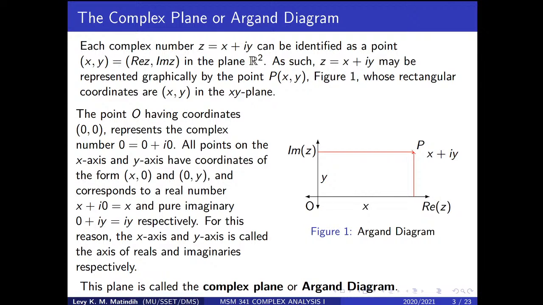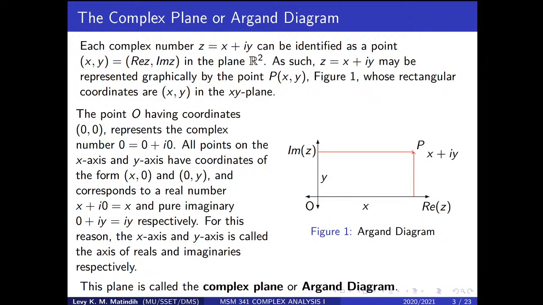We call any coordinates along the y-axis imaginaries, and any coordinates along the x-axis reals. Now, this same plane on which we represent a given complex number is called the complex plane or the Argand diagram.